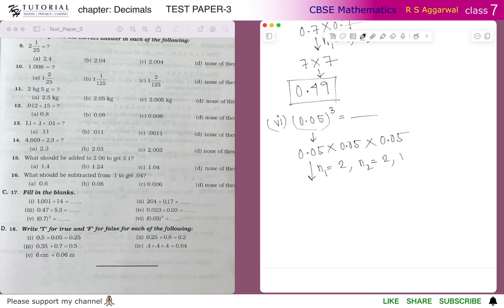There are 3 decimal numbers in the product. Now we find the product of the decimal numbers omitting the decimal points. This becomes 5 into 5 into 5, that is 125. And now finally we have to put the decimal point in 125 such that its decimal places becomes 2 plus 2 plus 2, that is 6. So it will be this. So this is the answer.